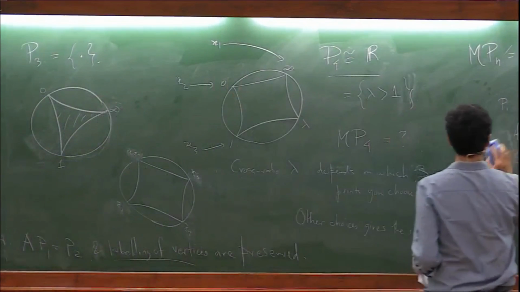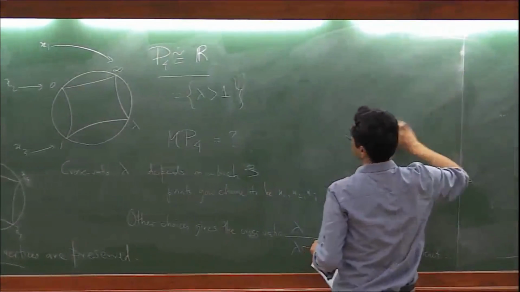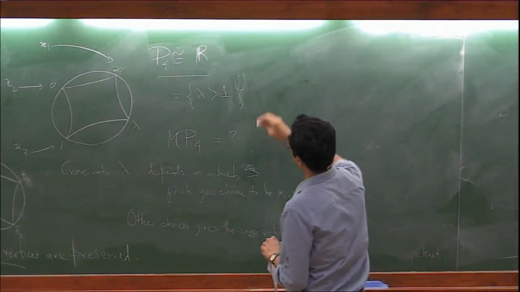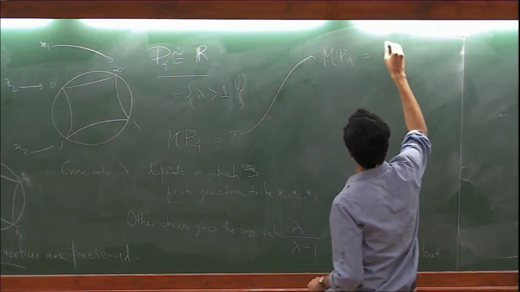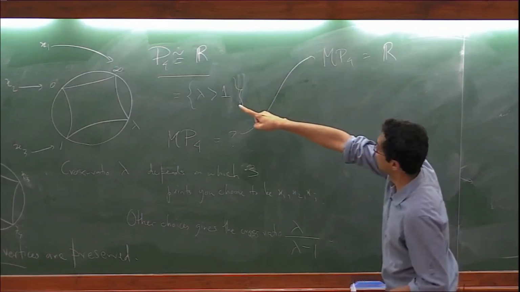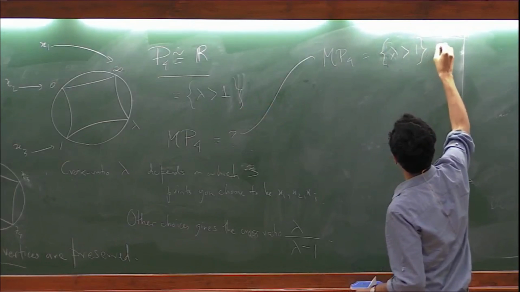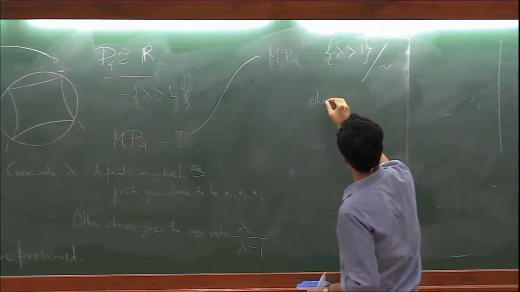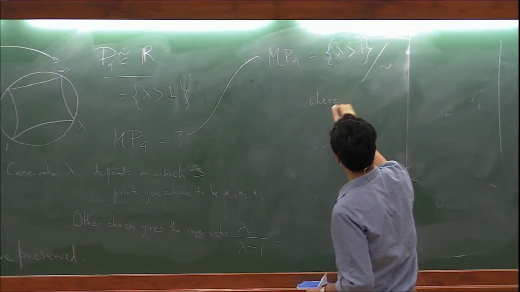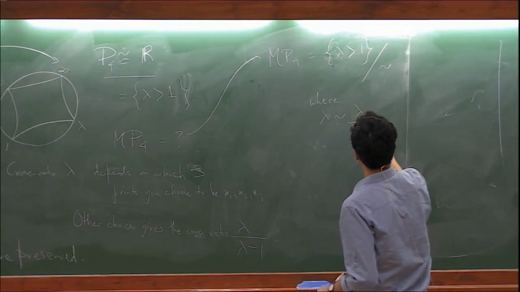So the moduli space of these ideal quadrilaterals is going to be this set R, lambda greater than 1, quotiented with some equivalence relation tilde, where you identify lambda and lambda upon lambda minus 1.